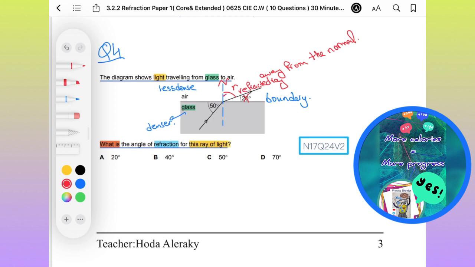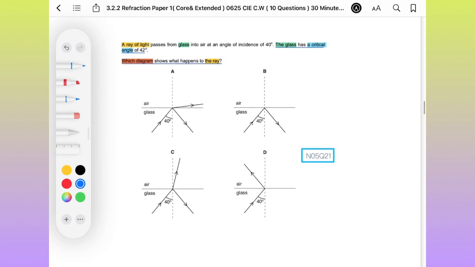So this angle. So you have 90 minus 20 is equal to 70 degrees, because the normal is 90. The answer is 70. So the answer is D.